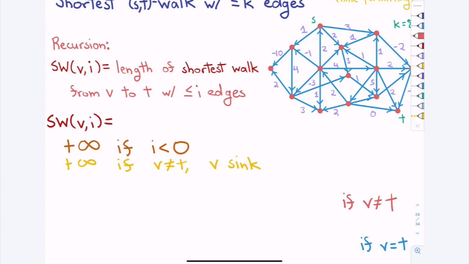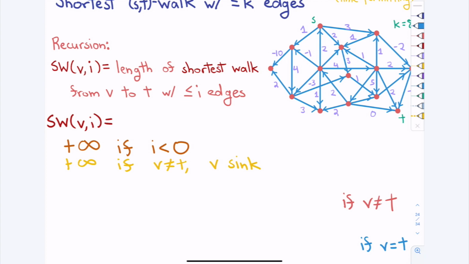So, I'll now solicit suggestions for how I might implement the inductive step when v is not t.